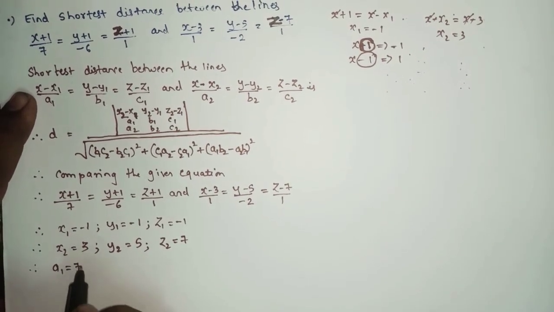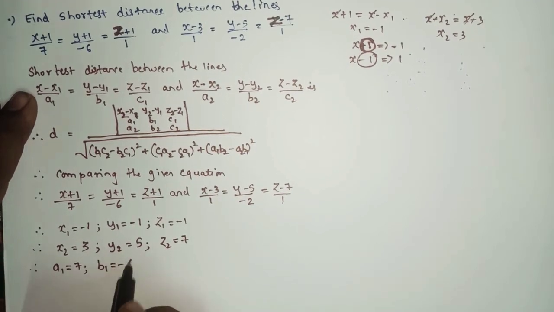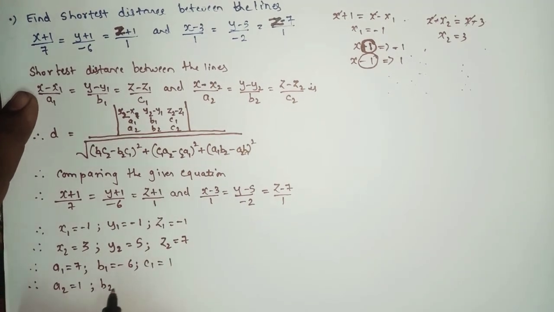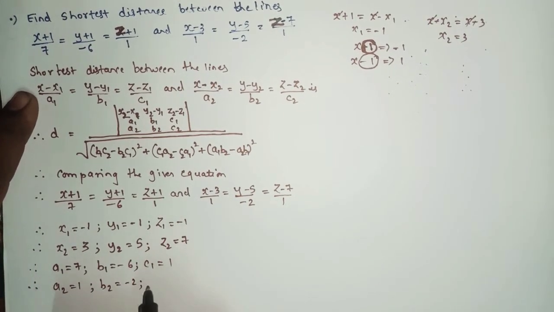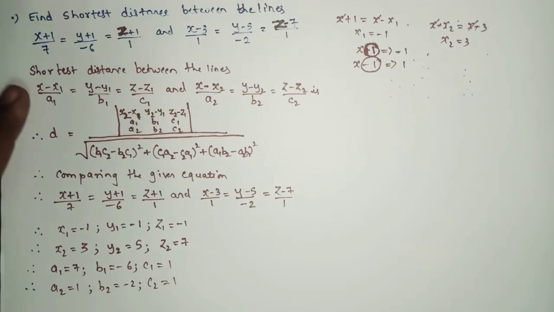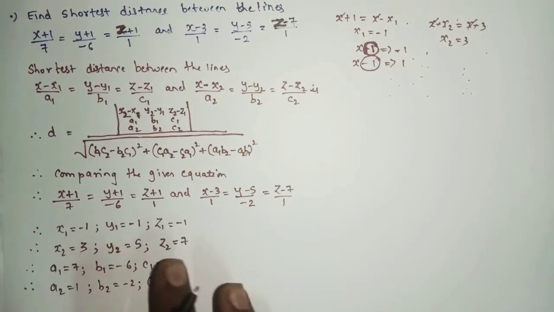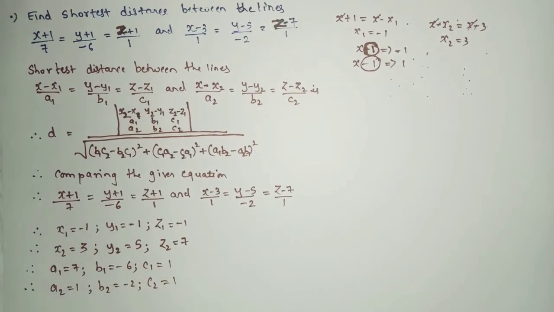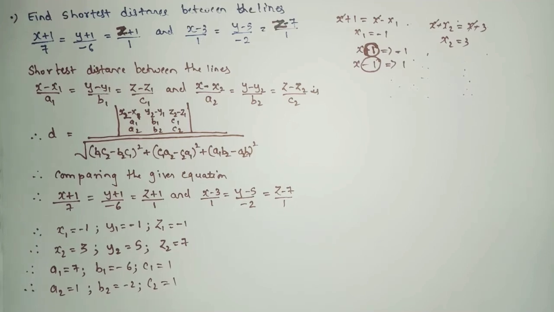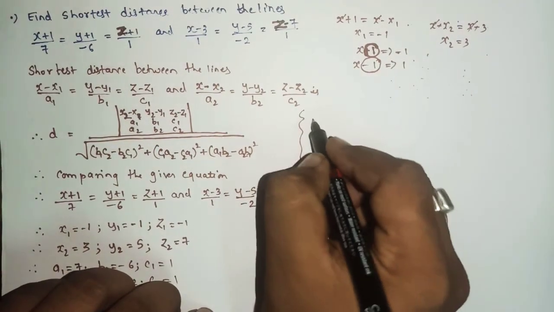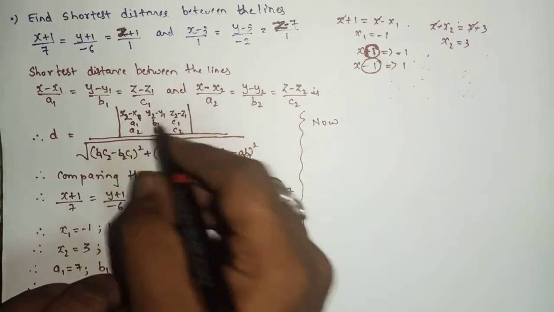Okay. So after that we'll find a1. A1 is what? 7. B1 is what? Minus 6, and C1 is what? 1. And A2 is what? 1. B2 is what? Minus 2, and C2 is what? 1. So here we got all the values of x1, y1, z1, x2, y2, z2, even a1, b1, c1, a2, b2 and c2. So now, as I told, first we'll find the numerator section.